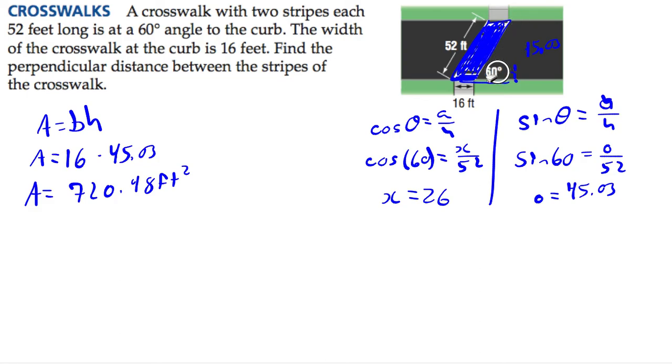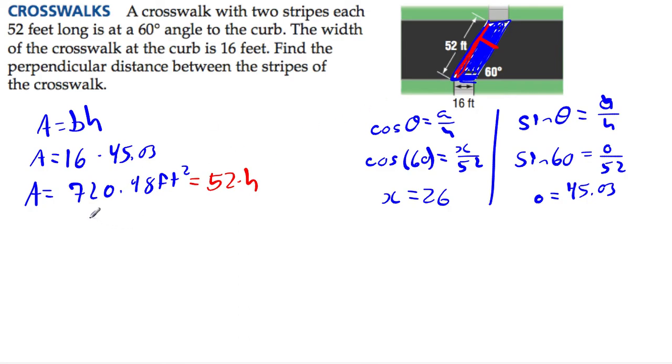Now we can look at this parallelogram using different dimensions as well, because looking at this again in red, we can see that 52 could be the base, and that's what I was confused about. And then this is the height. In that case, this area is equal to 52 times the height, and that height is actually what we're looking for.